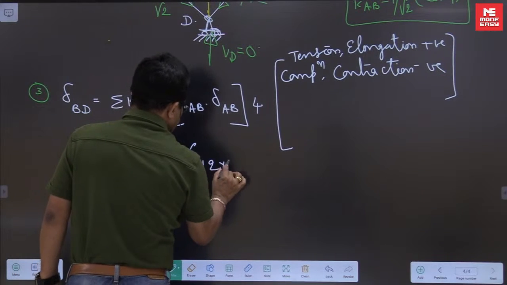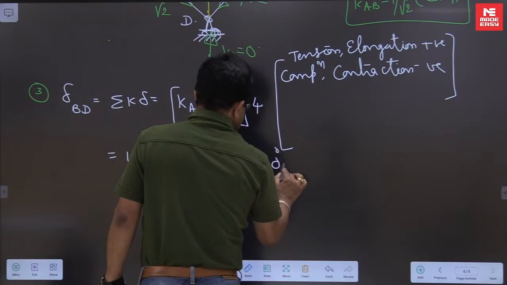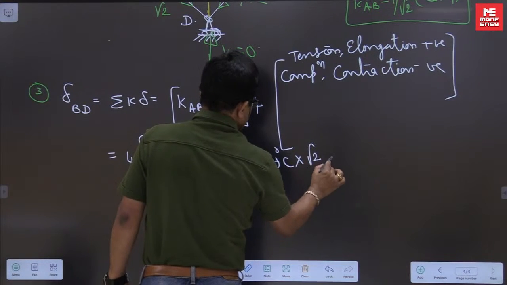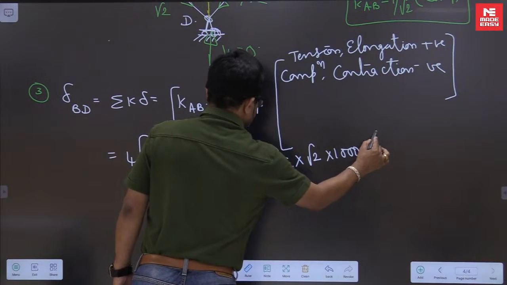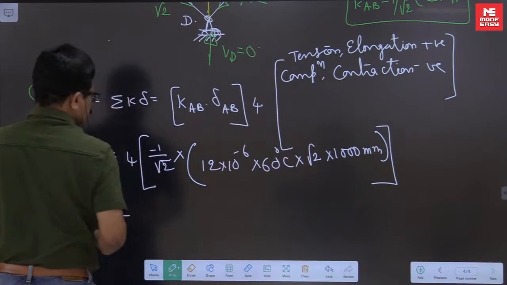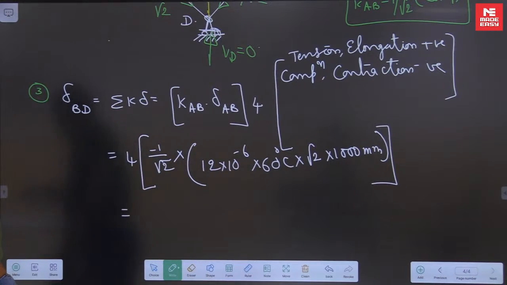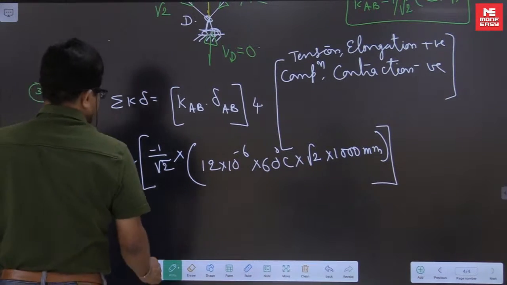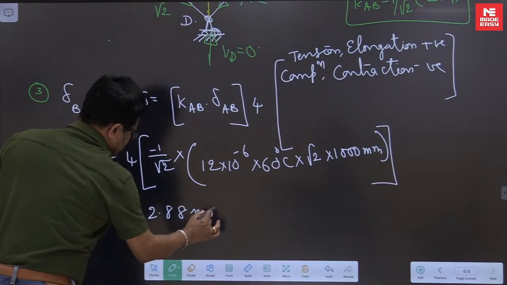Alpha is 12 into 10 to the power of minus 6, temperature change 60 degrees centigrade, length is root 2 into 1000 mm. So root 2 cancels out, and this value works out to be 2.88 mm. This is the calculation, you can make it.